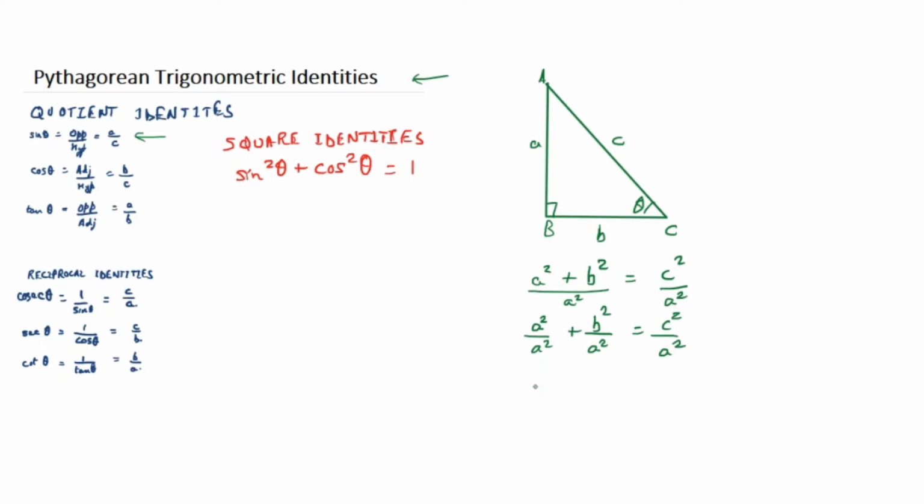A square over a square is going to be 1. b square over a square can also be written as b over a whole square, and c square over a square is going to be written as c over a whole square. Now b over a we know is cot theta, so we can say that 1 plus cot square theta is going to be c over a whole square.